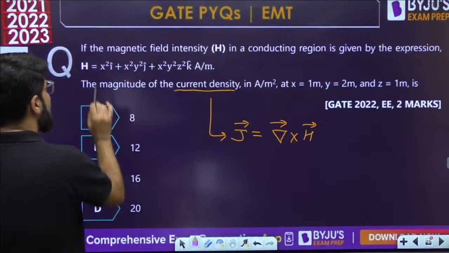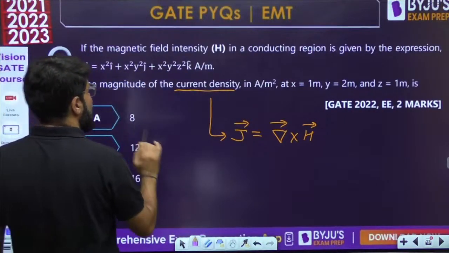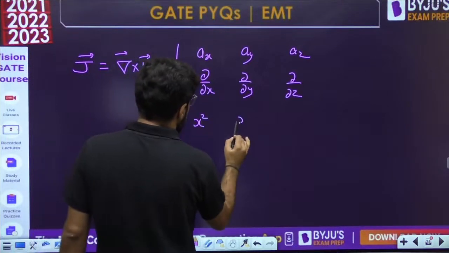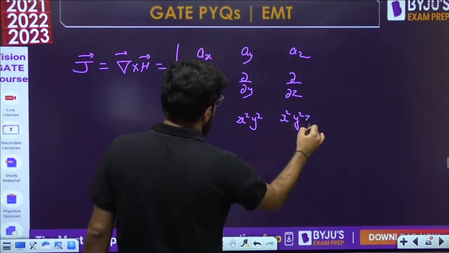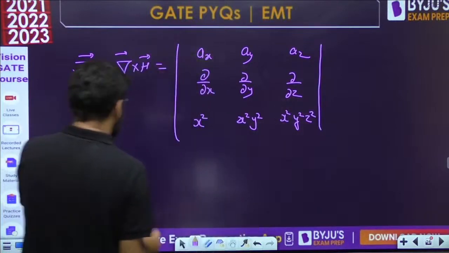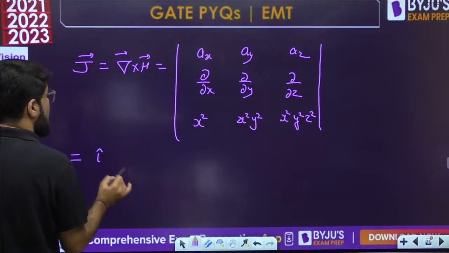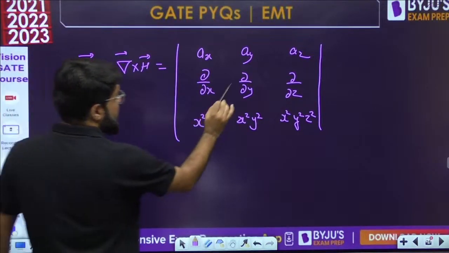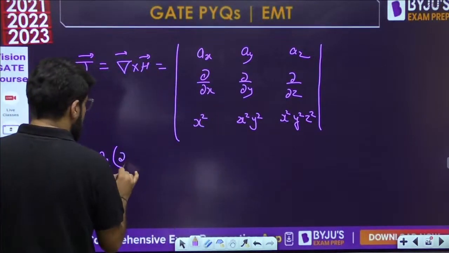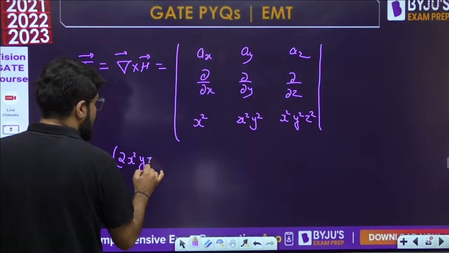The components of the vector are x square, x square y square, x square y square z square. Let's start. With the ax cap, del by del y of x square y square z square gives 2x square y z square.